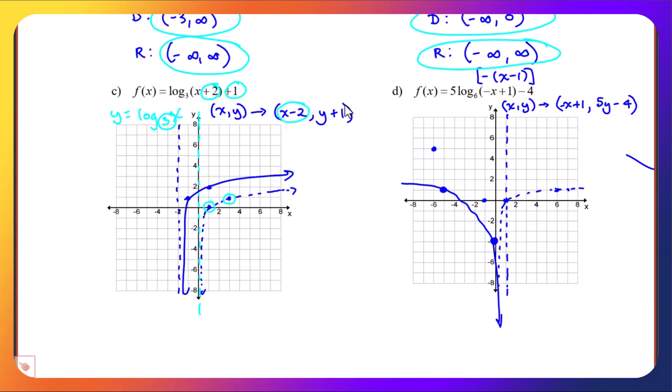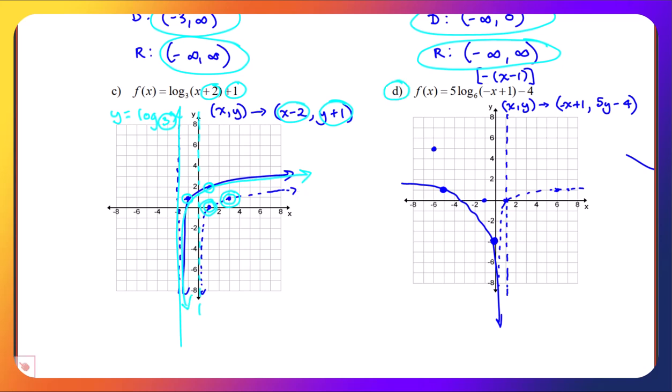To the left 2 and up 1. So I take this point to the left 2, up 1, and this point to the left 2 and up 1, and the vertical asymptote goes to the left 2. That's all I care about. You can also say it goes up 1, but you won't see it. And so here's our final graph.